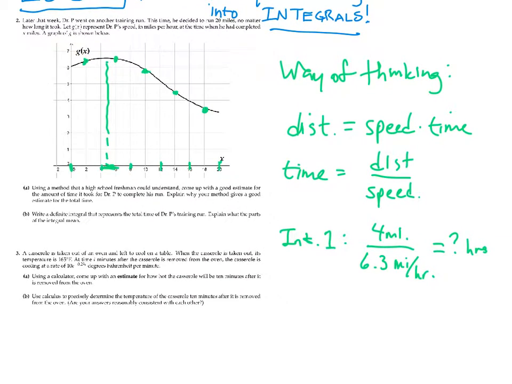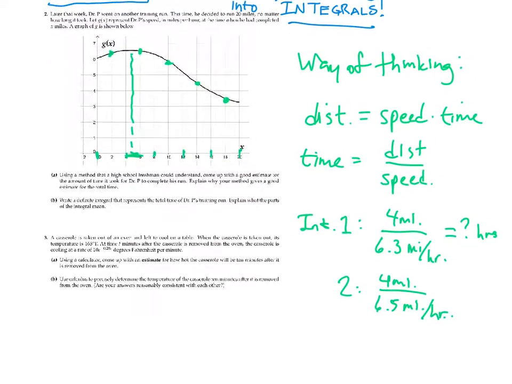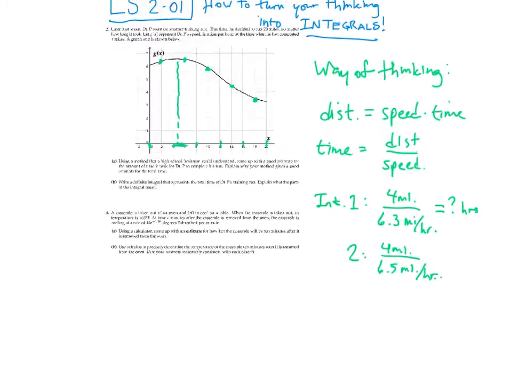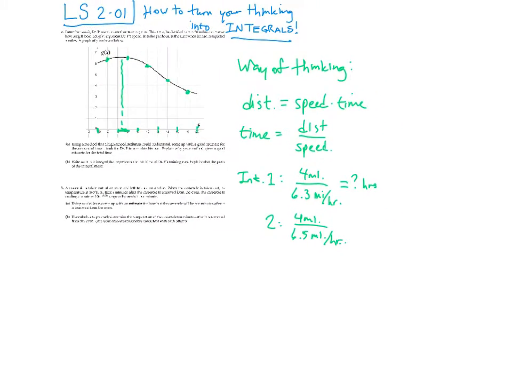Interval 2, I get 4 miles over, looks like about 6.5 miles per hour. And then for interval 3, I get 4 miles over what looks like about 5.8 miles per hour.